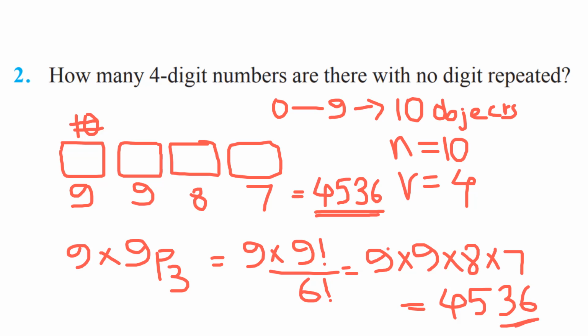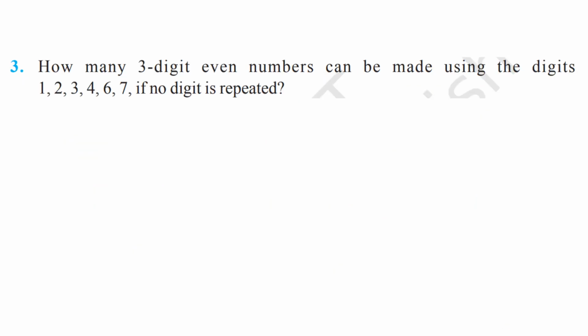Okay, let's go to the next question. How many 3-digit even numbers can be made using the digits 1, 2, 3, 4, 5, 6, 7? How many numbers do we have? 1, 2, 3, 4, these are 6 numbers, so n equal to 6.